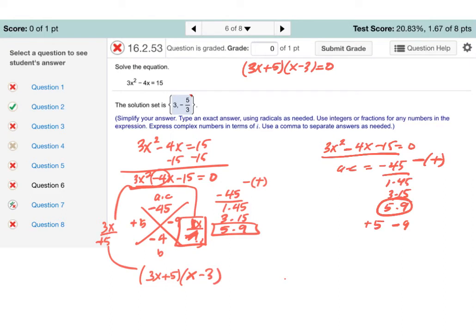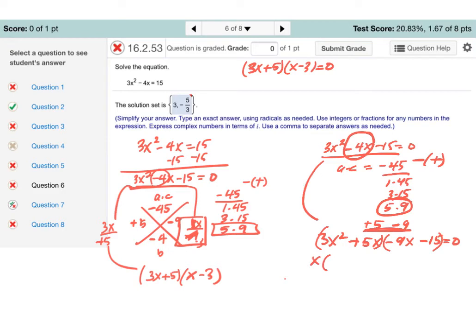And so what that allows us to do is to factor. We have 3x squared. Instead of minus 4x, we'll say plus 5x minus 9x, which is what we get in order to get the 4. Just write both terms out. Minus 15 equals 0. And then we factor by grouping. Okay? And so if we group the first two terms, 3x squared plus 5x, both have an x in common.